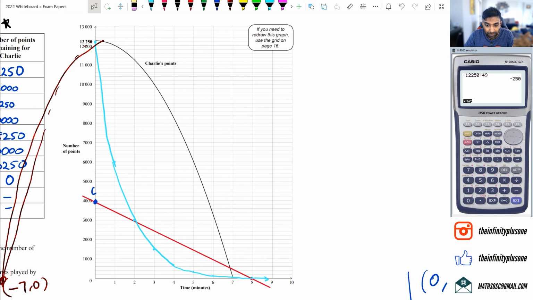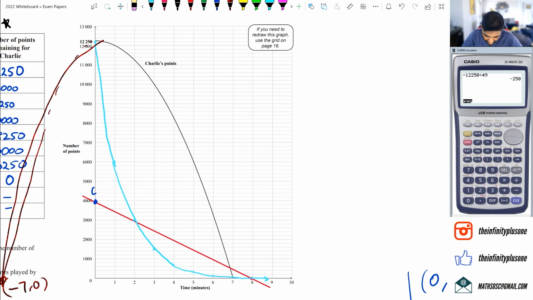Let's have a look at some of the things that are happening here. The first person to lose the game, or finish first, is Charlie, because after 7 minutes he is pretty much done. The one that's going to be playing the longest is Ben, because he can play up to about 9 minutes.